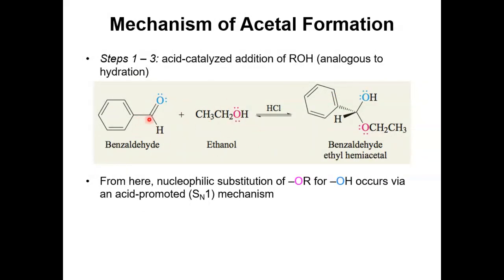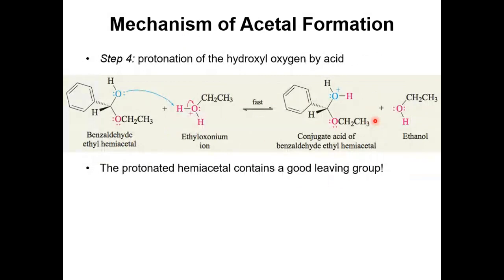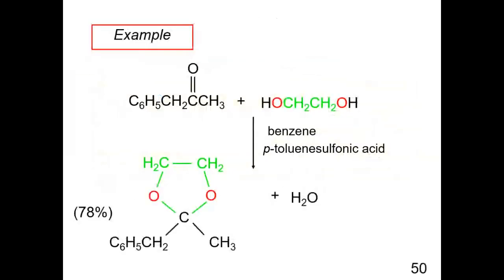Second, the neutral alcohol attacks the activated carbonyl. Third, the addition product loses a proton and gives you the neutral hemiacetal. Now we're going to look at what happens in the second stage mechanistically.